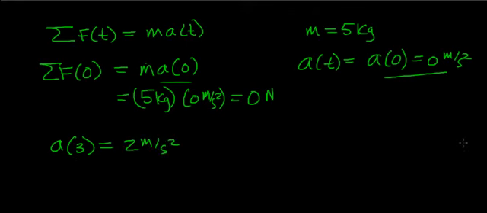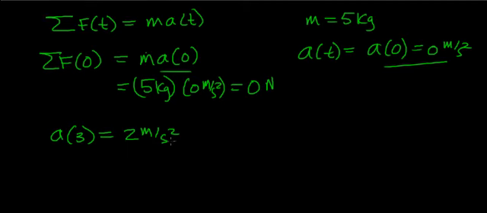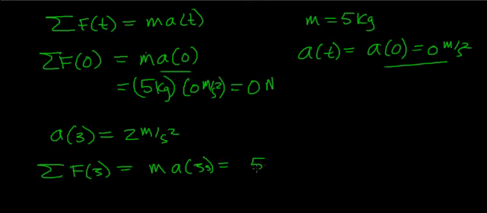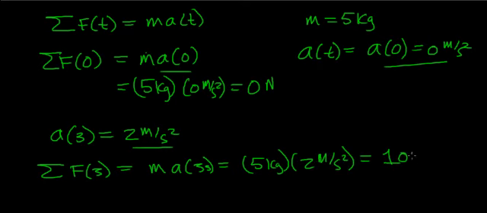And to figure out the point when my force is 3 seconds in, it would be mass times acceleration at t equals 3 seconds. In this case, this would be 5 kilograms times an acceleration of 2 meters per second squared. And this will work out to be 10 newtons.